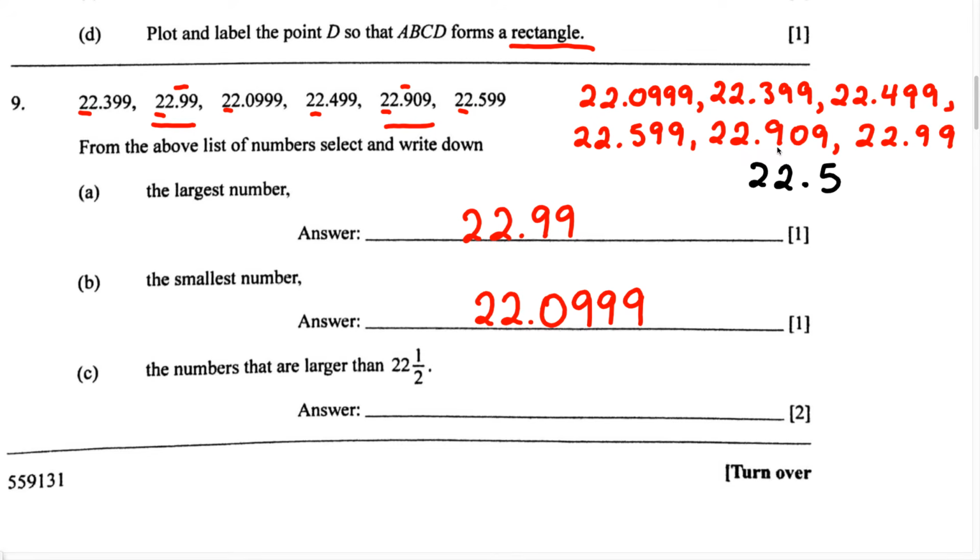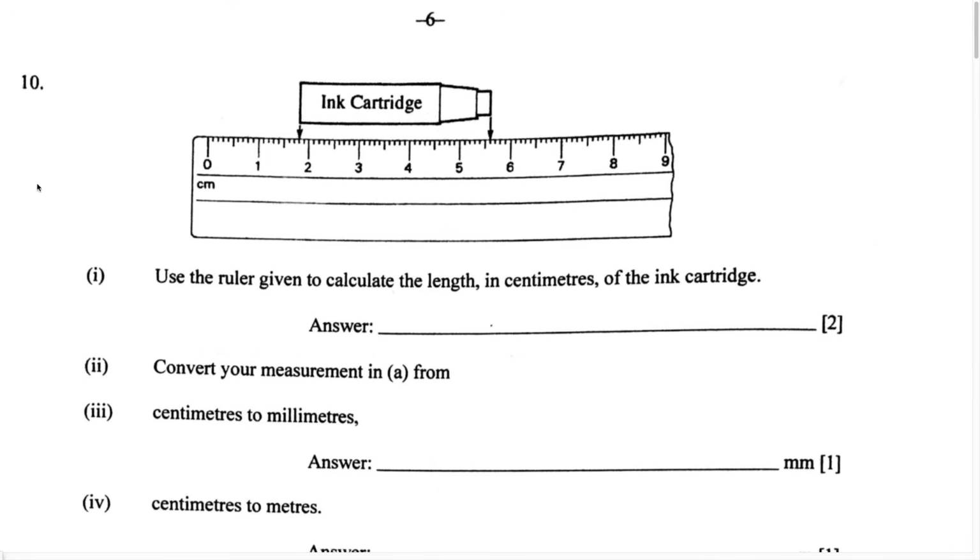This number is also larger because there's a 9 in the 10th unit and there's a 5 in the 10th unit, and this number will also be larger. Therefore, in our answer, we can just write 22.599. Then we can write 22.909. And then finally, we can write 22.99.